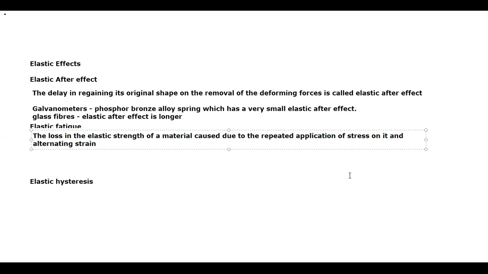That means stress causes a strain and then you stop it. Stress causes a strain and then you stop it. As you saw in the example that I projected to you as a video. And this is what this phenomenon, the loss in strength, is called as elastic fatigue. And this is called elastic fatigue.